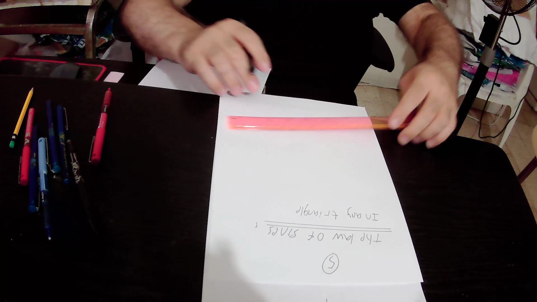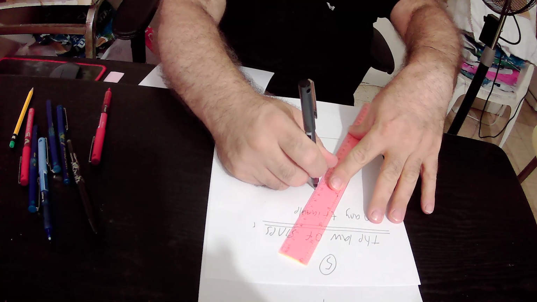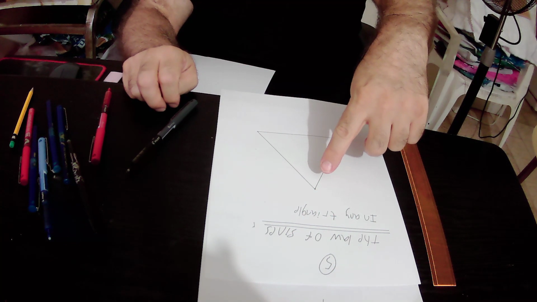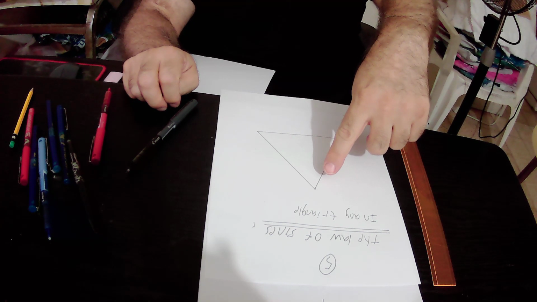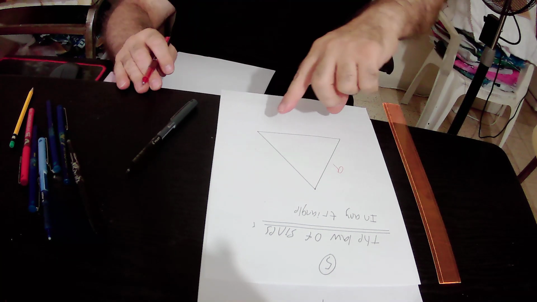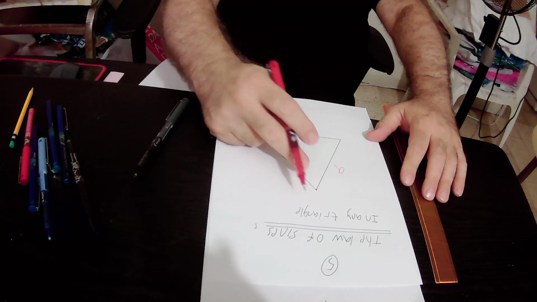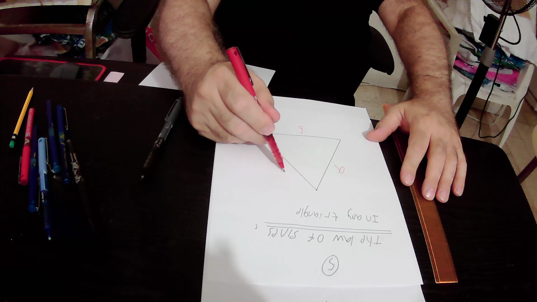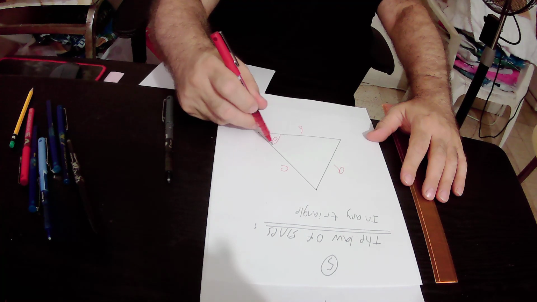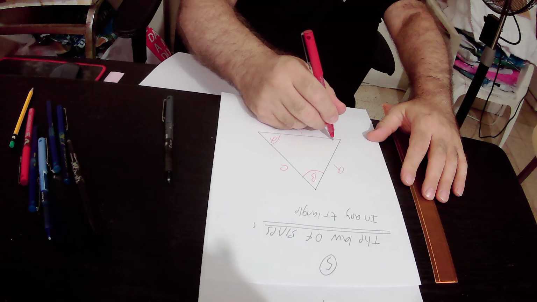So if we have a triangle, and the length of this side of the black triangle equals A, and the length of this side of the triangle equals B, and the length of this side of the black triangle equals C, this angle equals alpha, this angle equals beta, and this angle equals gamma.